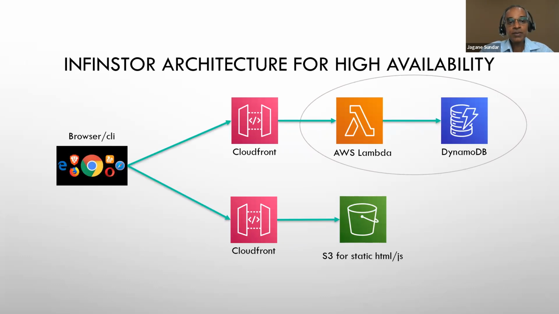So here's a simplified look at our architecture. We are based on a serverless compute engine, that's AWS Lambda and DynamoDB. And we have CloudFront distributions in front of our system. That ensures that we can make our system available even in the case of a single availability zone failing.